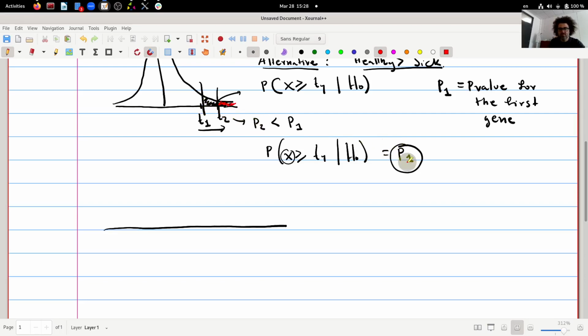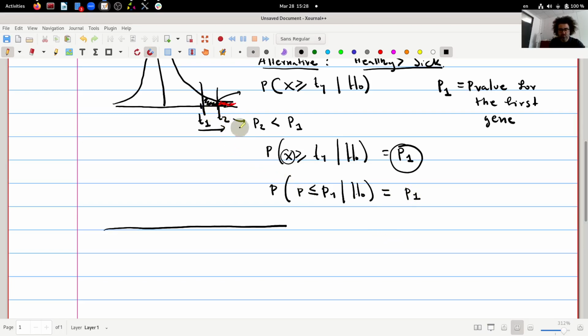But by definition, this means that the probability to find a smaller p-value than p1 when the null is correct will be p1. So I will write this down. The probability to find a p-value which is smaller or equal to p1 when the null is correct is p1. Why?